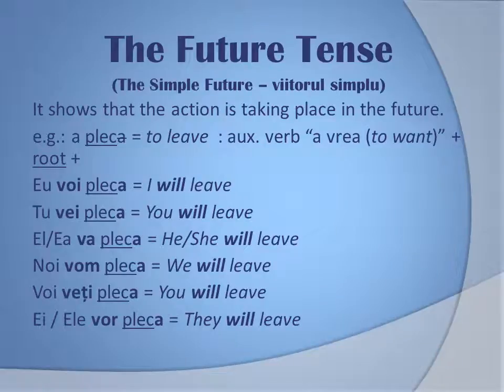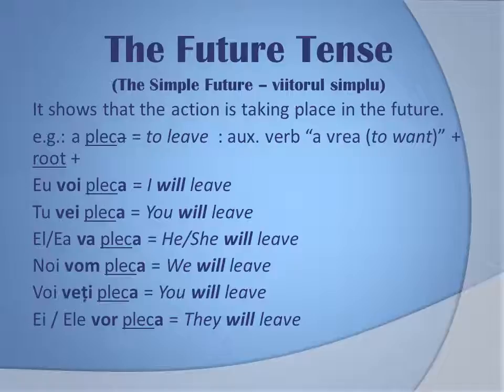Well, following the same logic, we'll move on to the future tense, which is in this case a simple future, viitorul simplu, and it shows that the action is taking place in the future. We'll use again the same verb, a pleca, but in this case we'll use a different auxiliary verb, which is a vrea, to want.